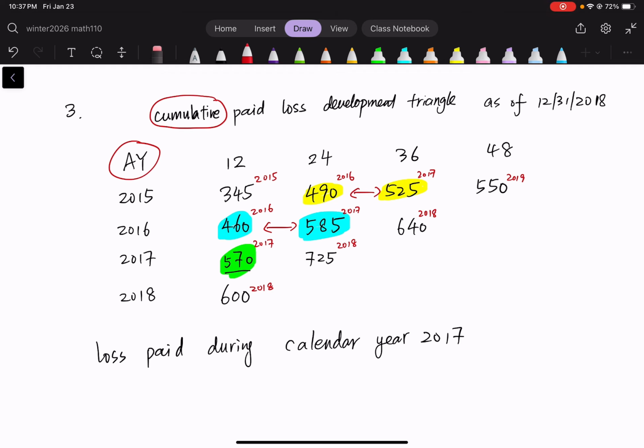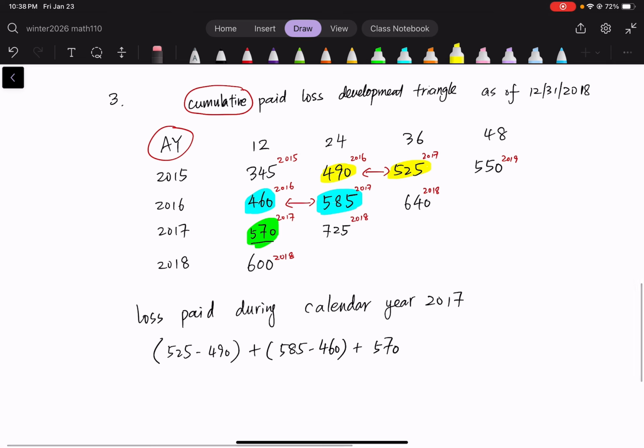That's why the solution for this is the sum of the differences: 525 minus 490 plus 585 minus 460 plus 570. Okay, that's where you got those numbers from. You end up getting 730.